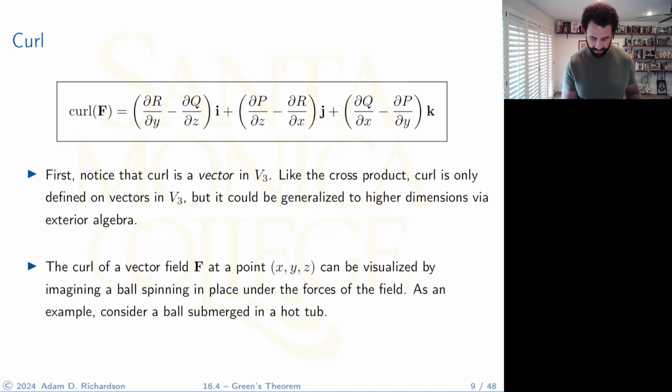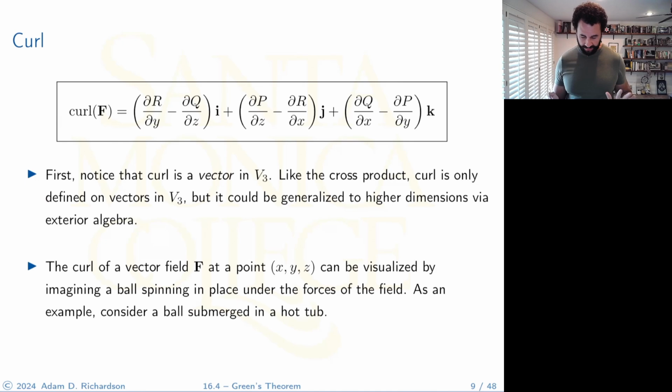You have to learn about exterior algebras, which I mentioned before, and I dropped a Wikipedia link in one of my earlier lectures. But for now, we are just going to assume that curl is only defined for three-dimensional vector fields. You can get two-dimensional vector fields by just setting the third component equal to 0.